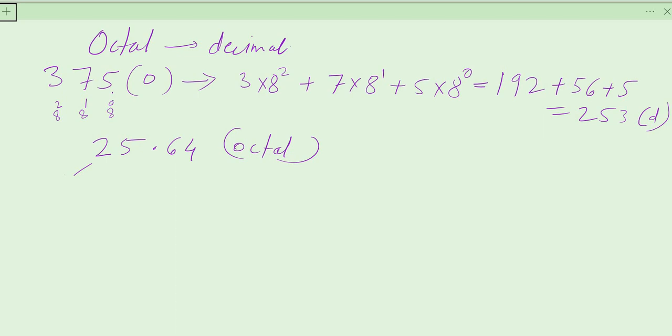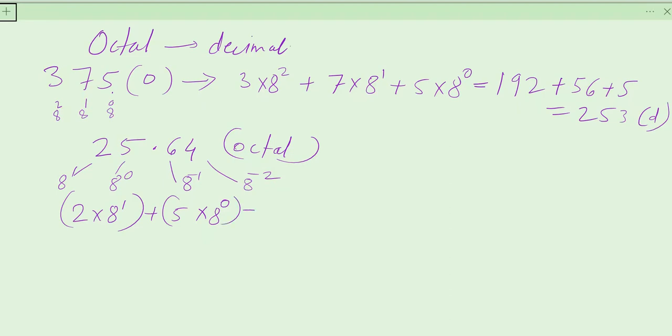So here the weights are 8 raised to 1, 8 raised to 0, 8 raised to minus 1, 8 raised to minus 2. So let's expand this. 2 into 8 raised to 1 plus 5 into 8 raised to 0 plus 6 into 8 raised to minus 1 plus 4 into 8 raised to minus 2.